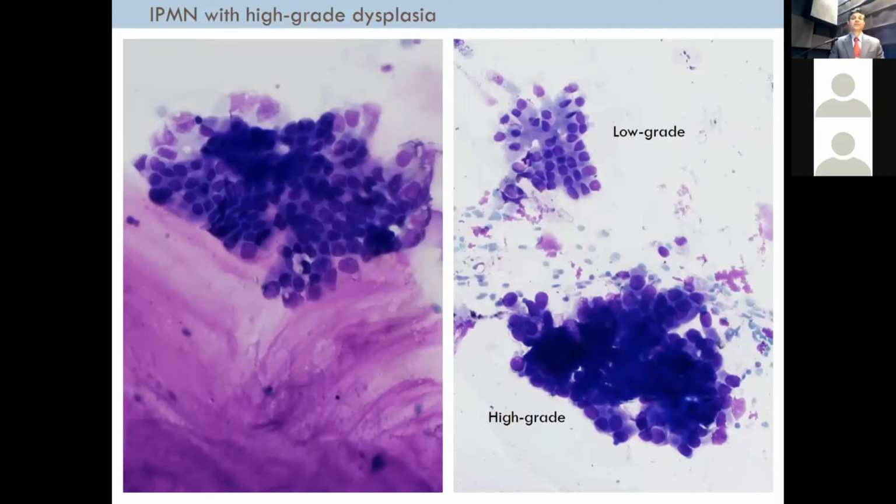When evaluating mucinous neoplasm, one of the essential tasks for the pathologist is to recognize, identify and report high-grade dysplasia, as seen over here, which is characterized by significantly marked atypia as compared to low-grade dysplasia, which is seen over here.